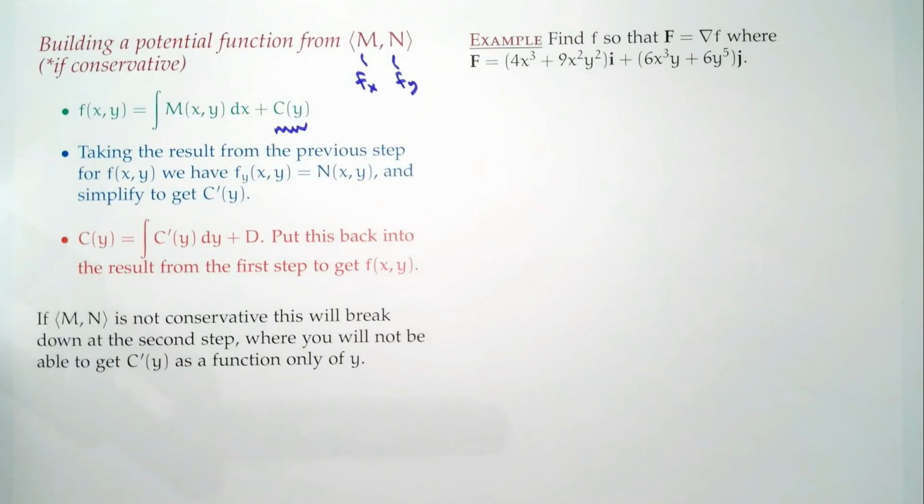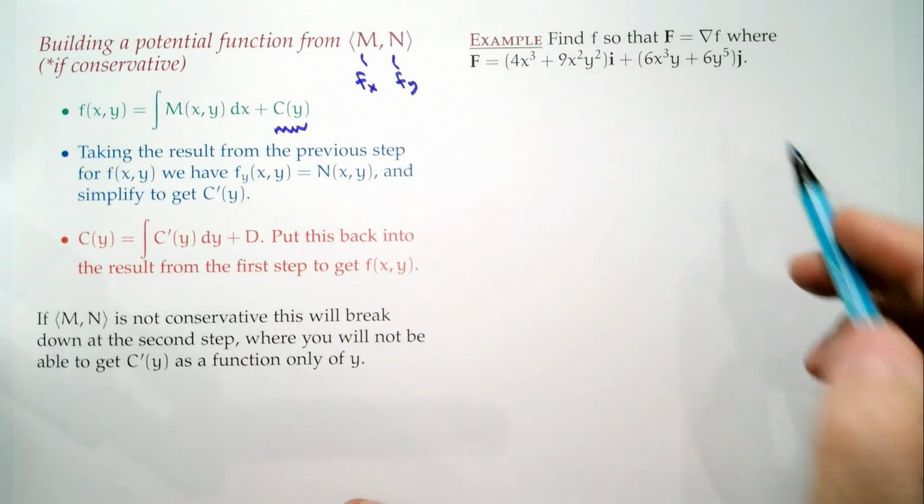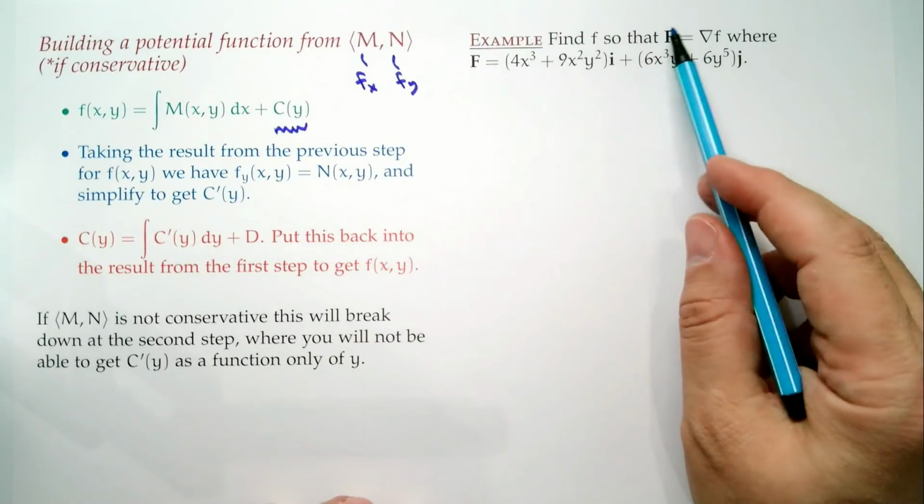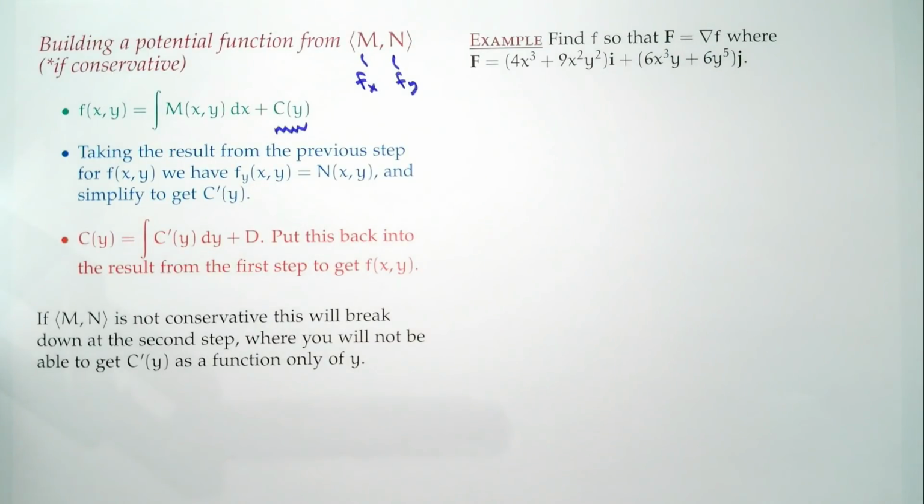So we're going to find f, little f, our potential function, so that capital F is the gradient of f. In other words, capital F is conservative. And we're told capital F is 4x cubed plus 9x squared y squared times i plus 6x cubed y plus 6y to the 5th times j.